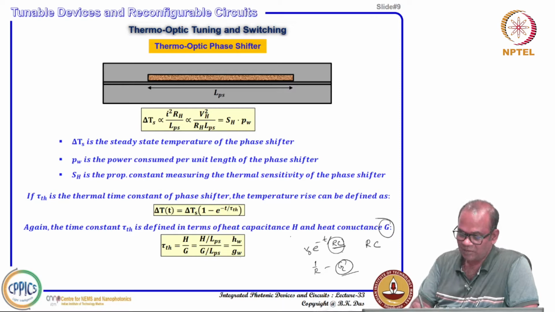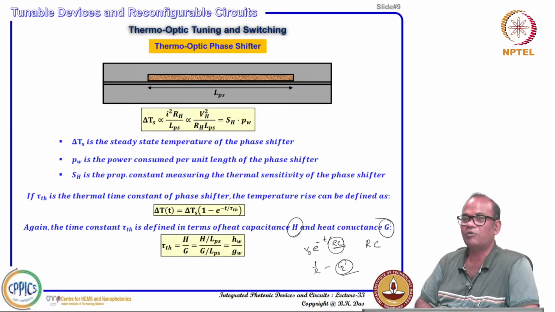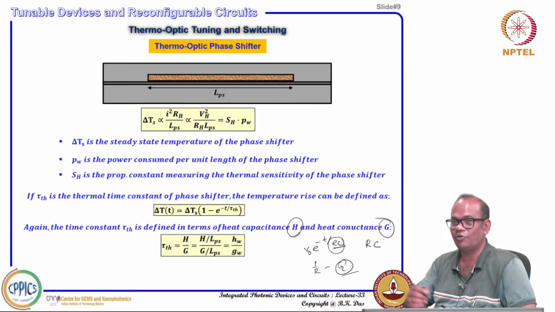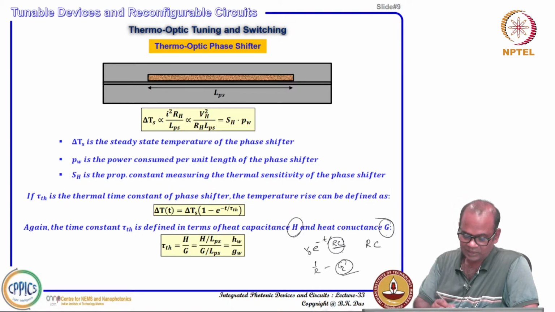So, this can be considered equivalent to capacitance and this can be considered equivalent to 1 over resistance, analogous to an electrical circuit. That is the reason I can write the thermal constant tau thermal, where H is equivalent to capacitance and inverse of G, the inverse of thermal conductance, is resistance.